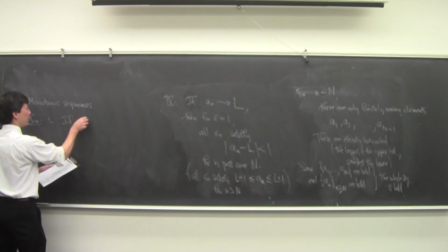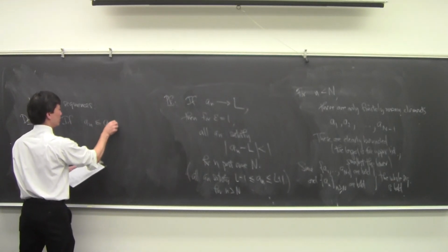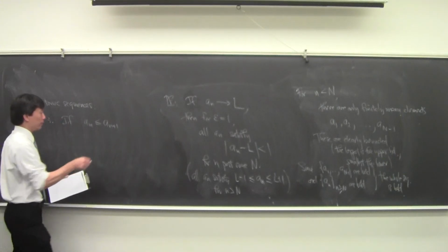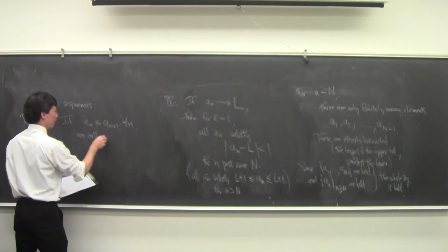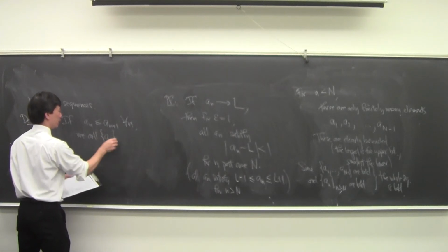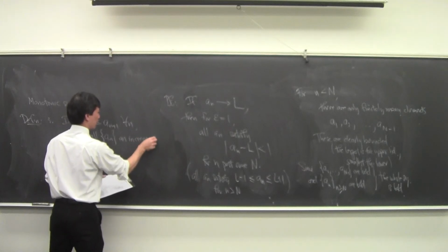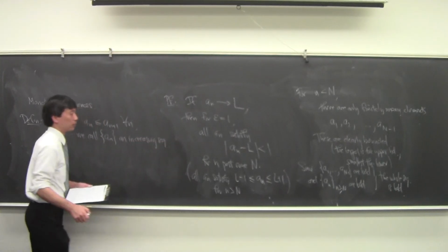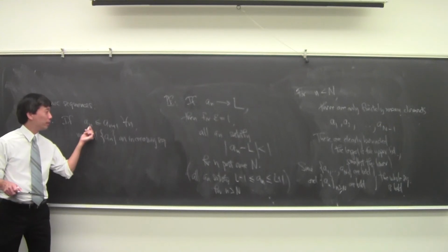If a sub n is less than or equal to a sub n plus 1 for all n, we call a sub n an increasing sequence. So sort of obvious, right?